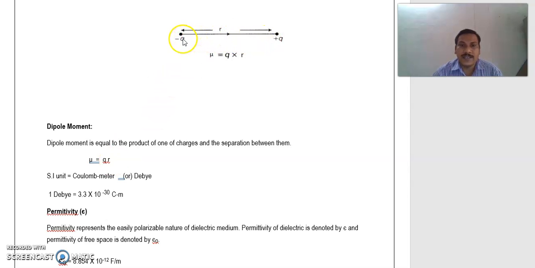The SI unit of dipole moment is coulomb into meter. Another unit is debye. Here 1 debye is equal to 3.3 into 10 power minus 30 coulomb into meter.